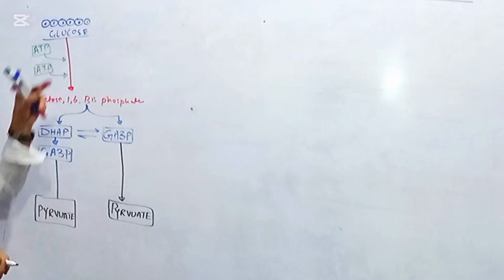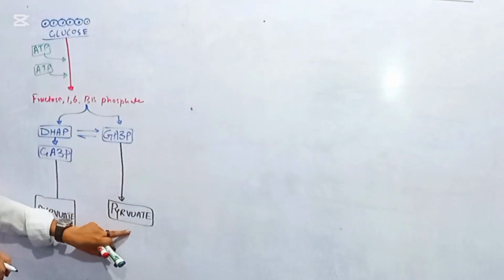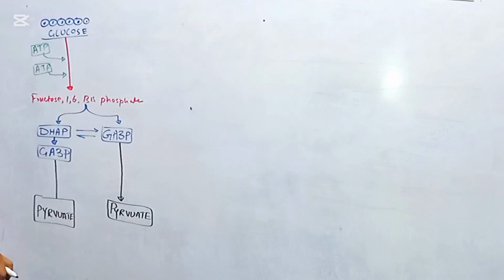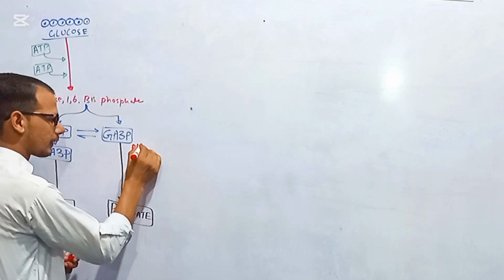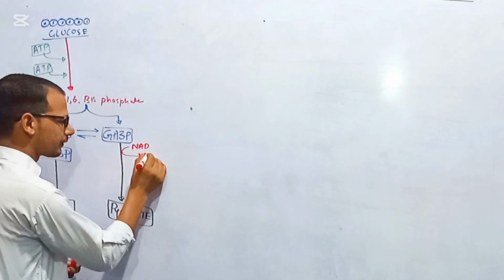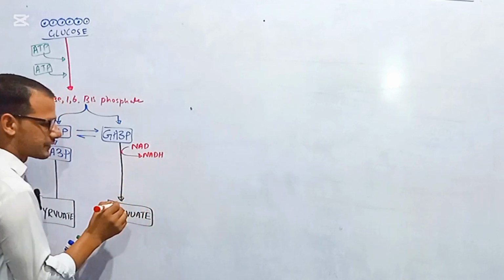So from one glucose molecule, 2 three-carbon pyruvates are formed, right? But during this reaction, one NAD is converted into NADH.